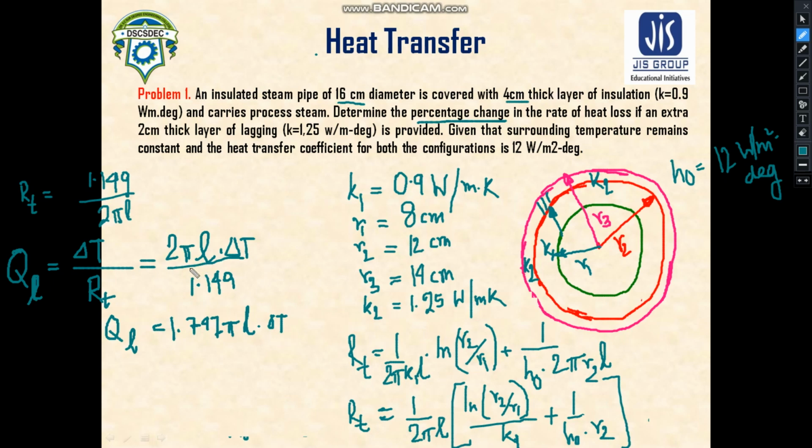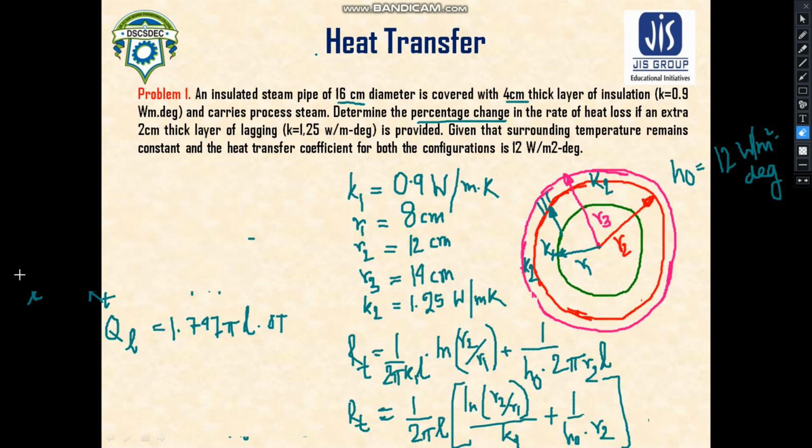So we have completed the calculation regarding the first case where we have calculated the heat loss. I would like to rewrite it once, and I will keep it safe here because we will require this value once again.